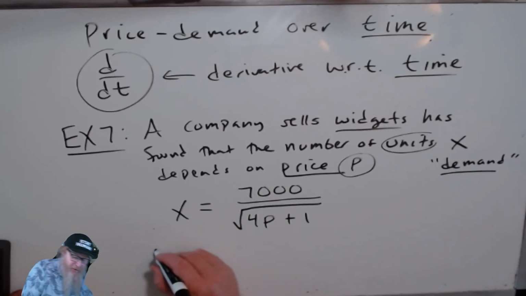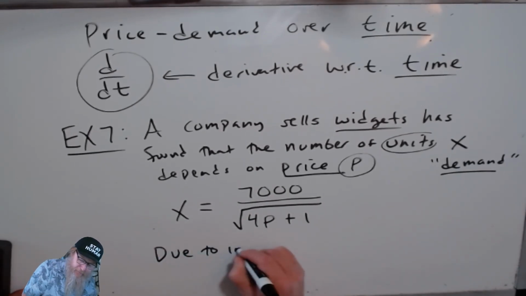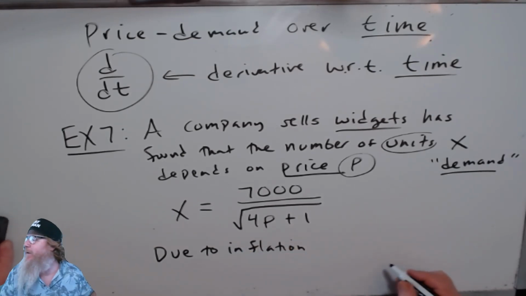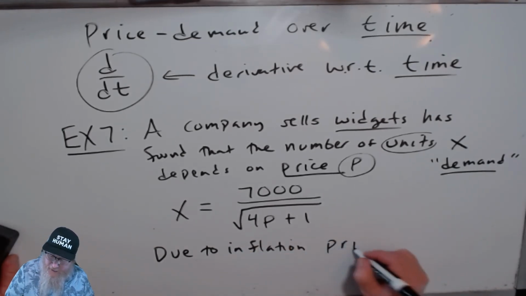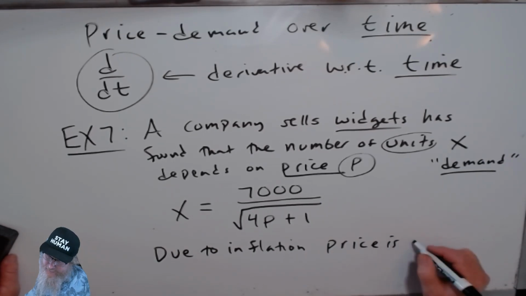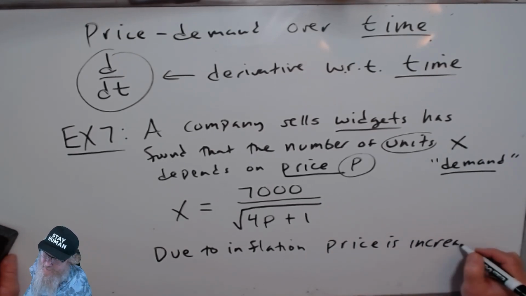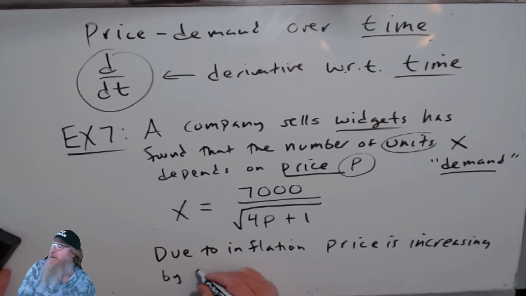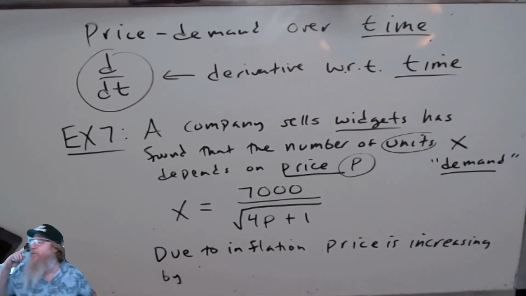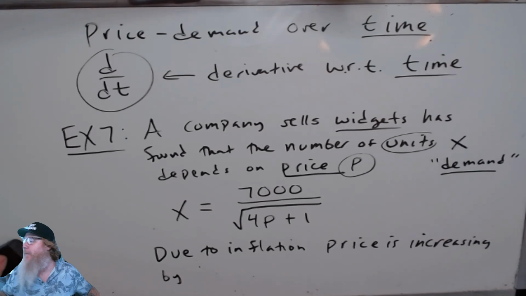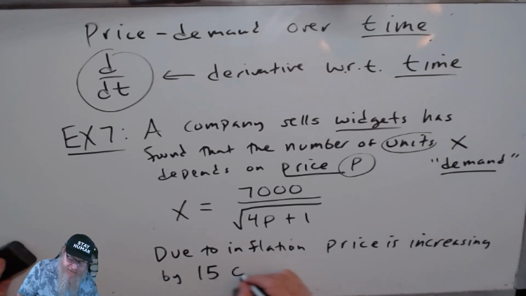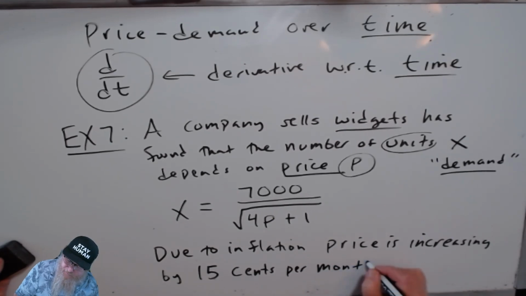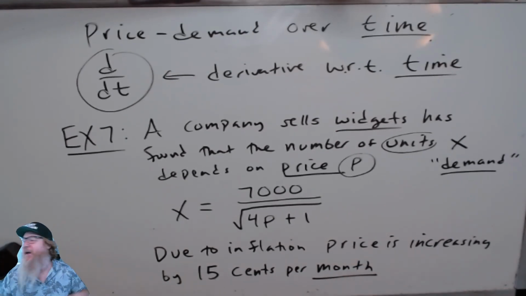Due to inflation, so this is where the time factor comes in, the price has been increased. So the price is increasing at a rate of 15 cents per month. So that's our time factor.